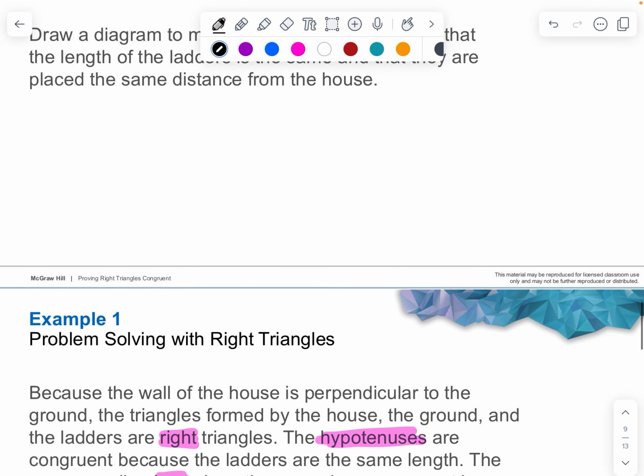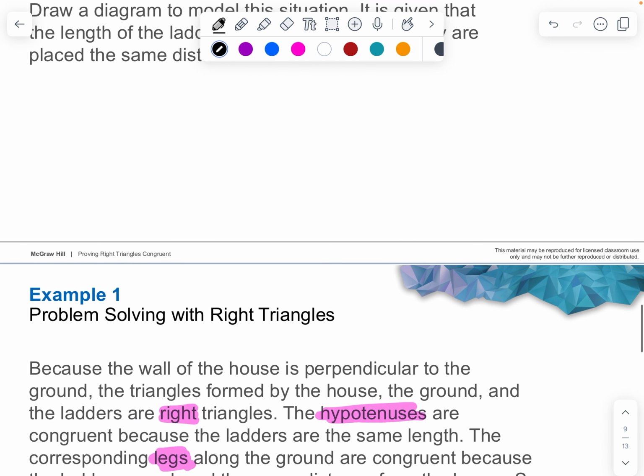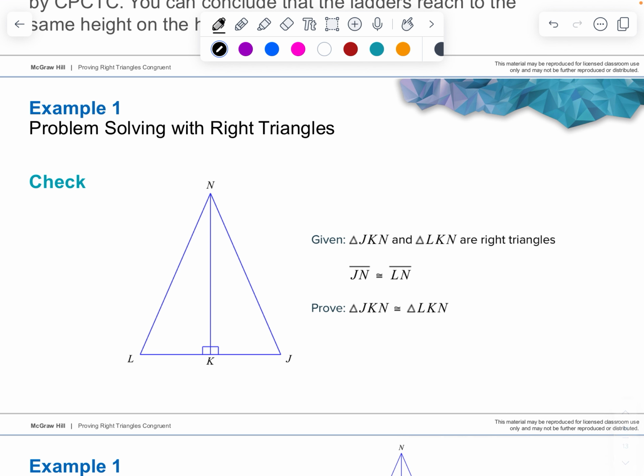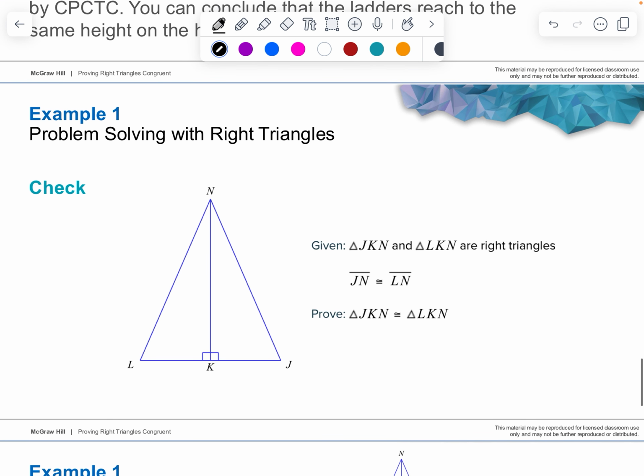Now, it is your turn. You are given this proof. Given that JKN and LKN are right triangles, and that JN and LN are congruent, prove that triangle JKN and triangle LKN are congruent.